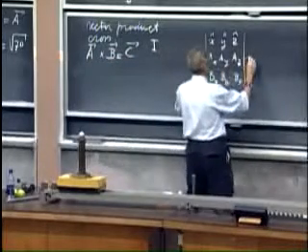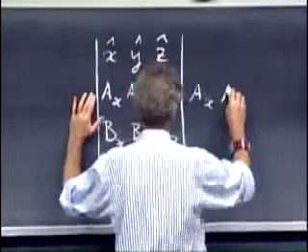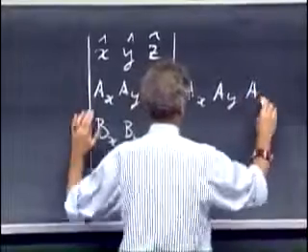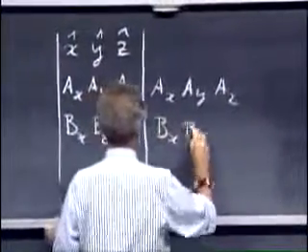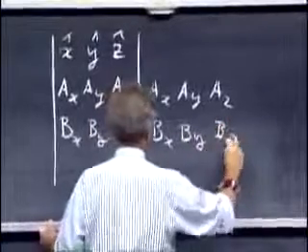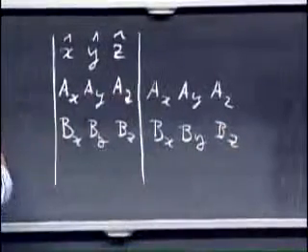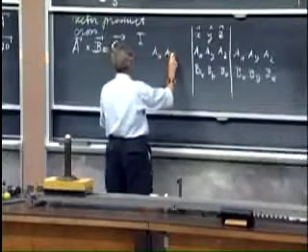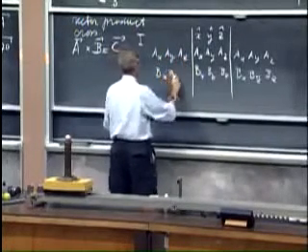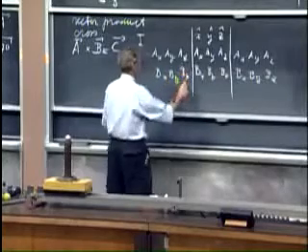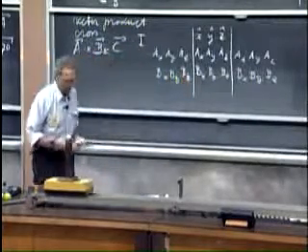I repeat the first two columns here, verbatim. You'll see in a minute why I need that. And I will do the same here. Okay, and now comes the recipe.